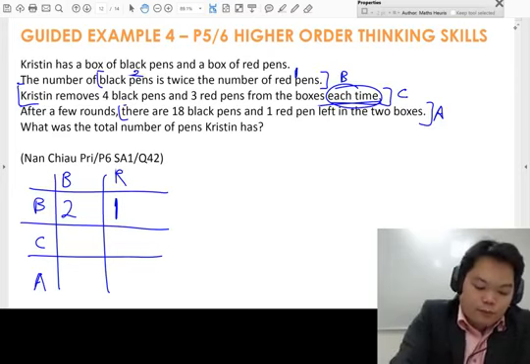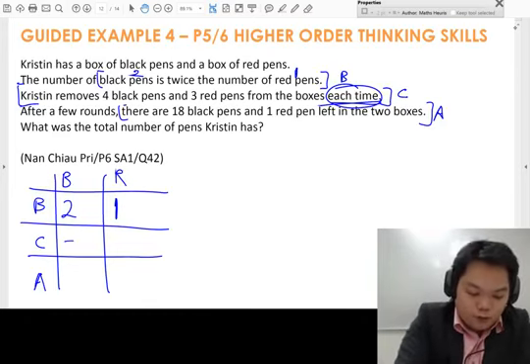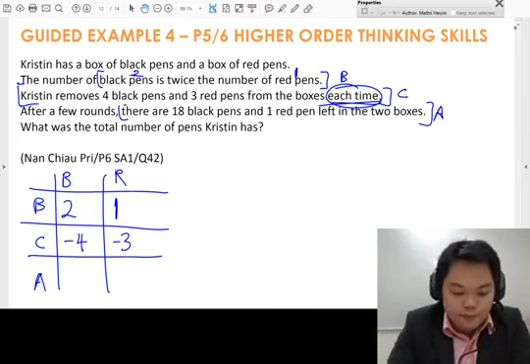Now, for my students who did this question before, the most common misconception is they will just put -4 and -3 here. Then there would be 18 black pens, 1 red pen left. So these are the actual values. You really got 18 physical pens remaining and 1 physical red pen remaining.